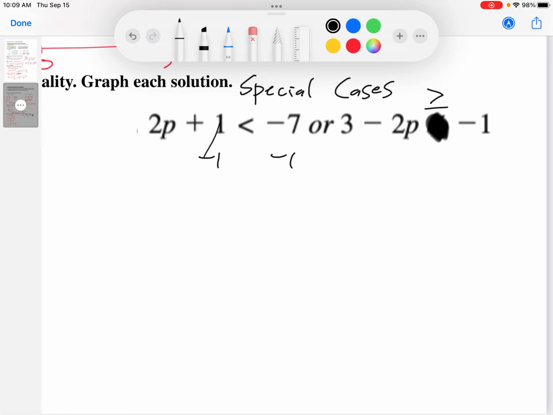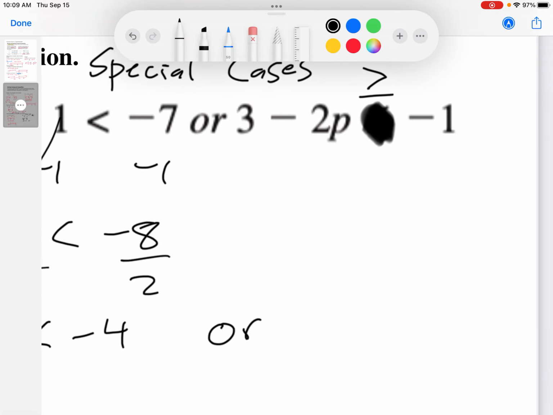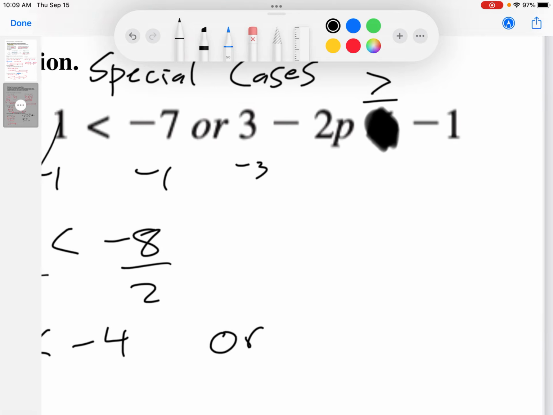So on the first one, we're going to subtract 1 from both sides. We're then going to come back and divide by 2. This is going to say p is less than -4. Or on the other one, we're going to subtract 3 from both sides. We're going to divide both sides by -2.